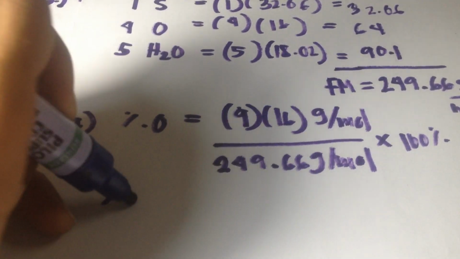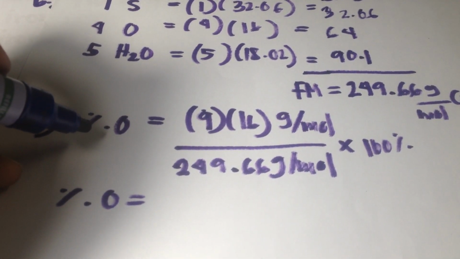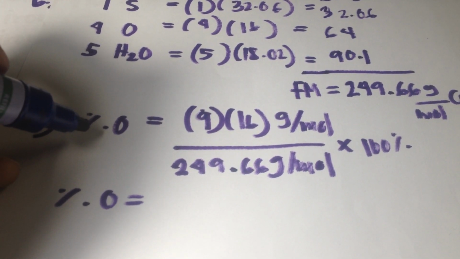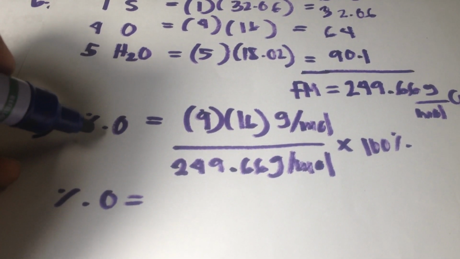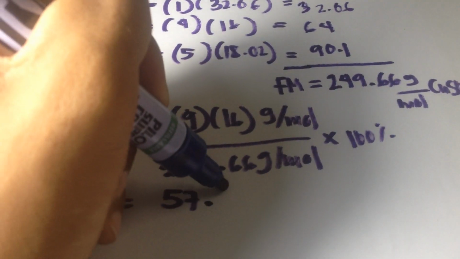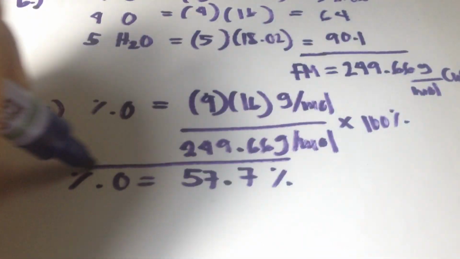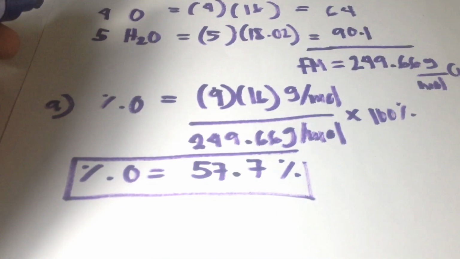So 9 times 16 divided by 249.66 times 100 is equal to 57.7%, and that is your final answer.